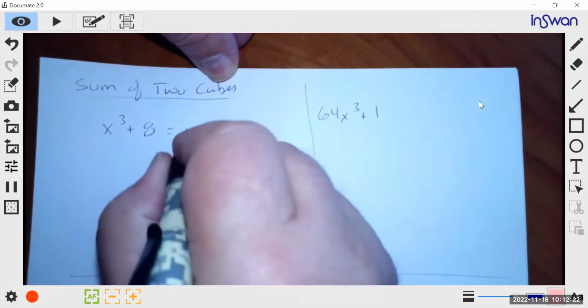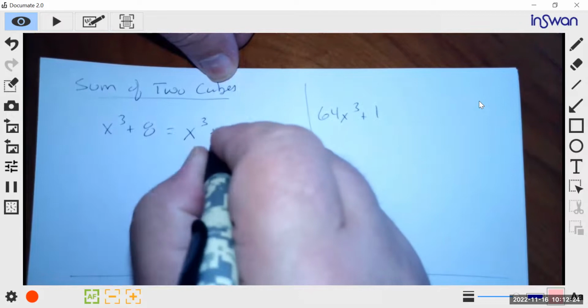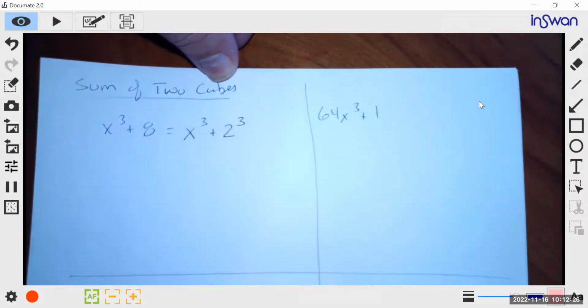So this is the same thing as x cubed plus 2 cubed.